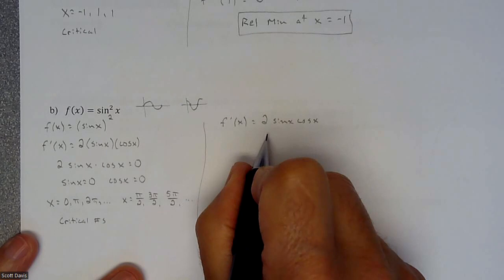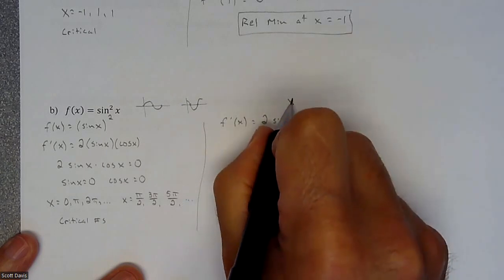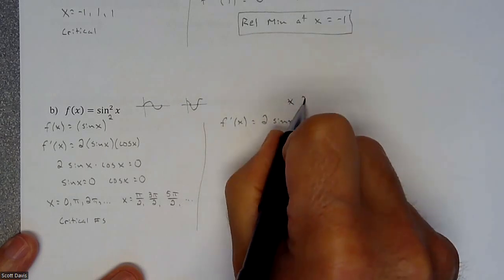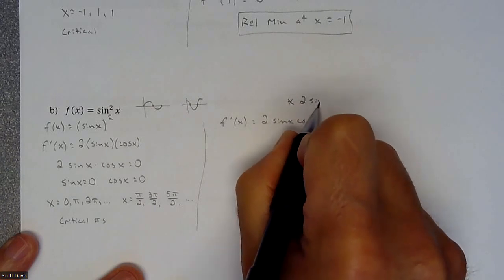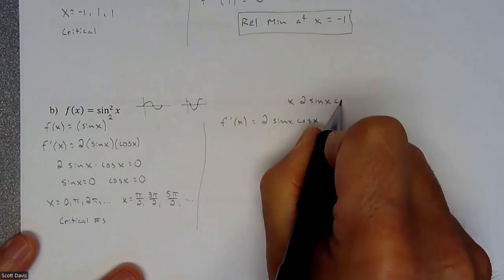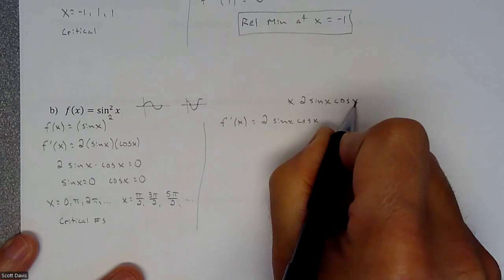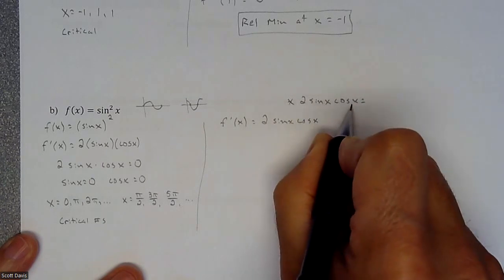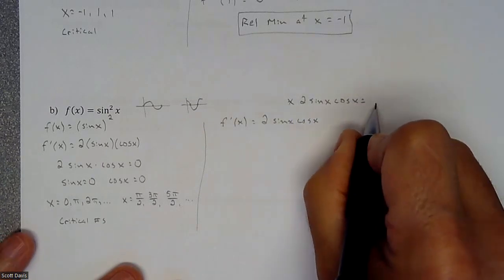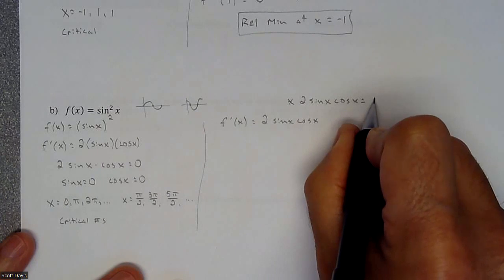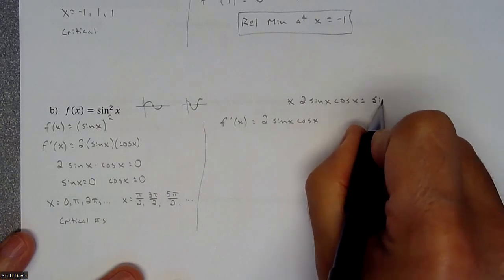But this is the world of trig, and it is actually equivalent to something a little smaller. This 2 sine x cosine x is actually equivalent to sine of 2x, a double angle property.